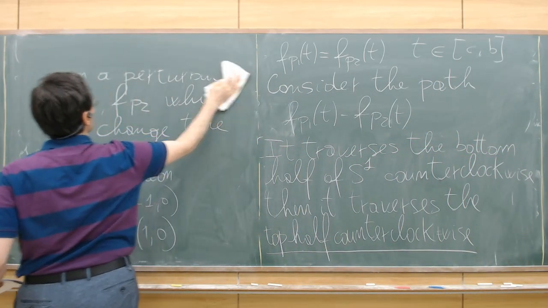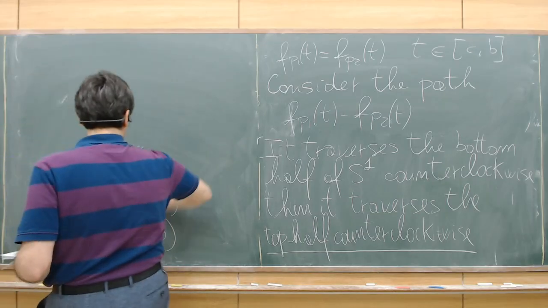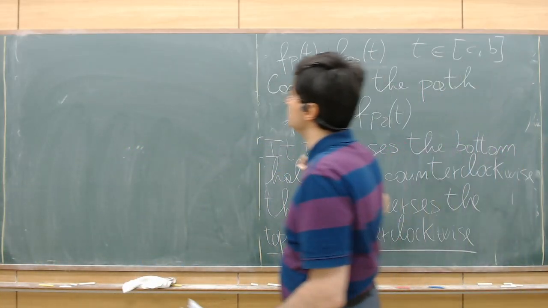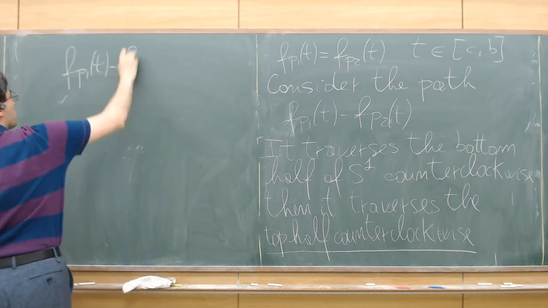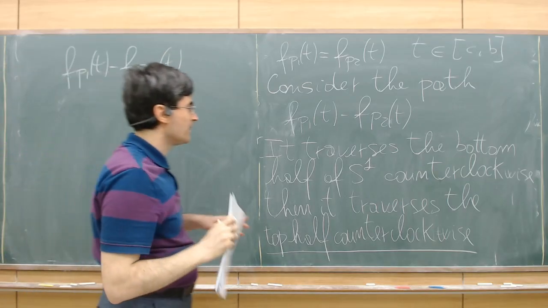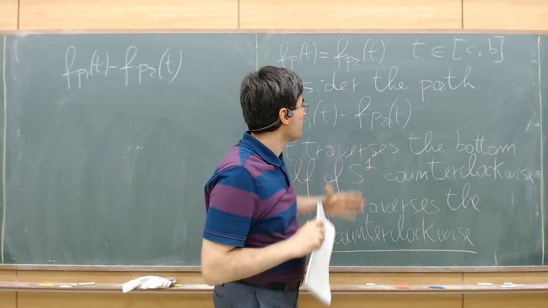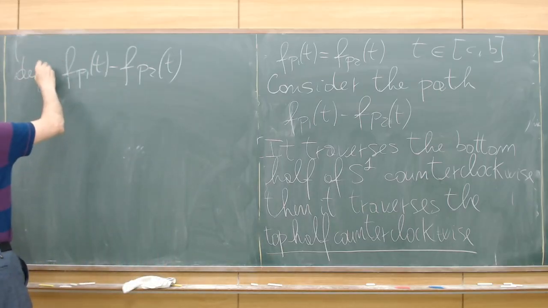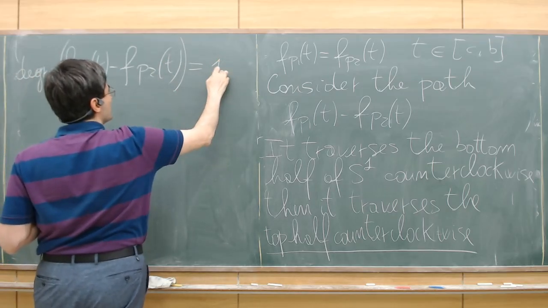What is the conclusion of this? The conclusion is that this path makes one entire turn, and this means that the degree of fp1 minus fp2 is equal to 1.